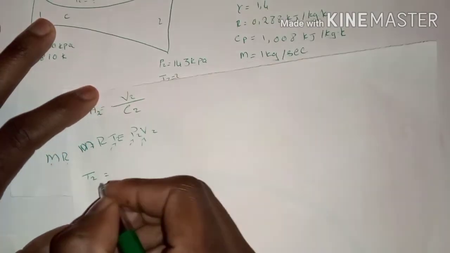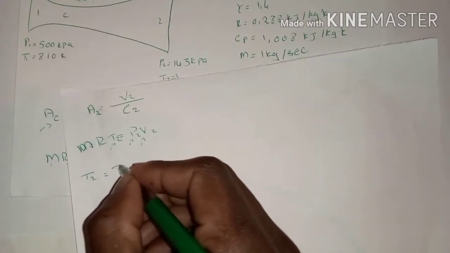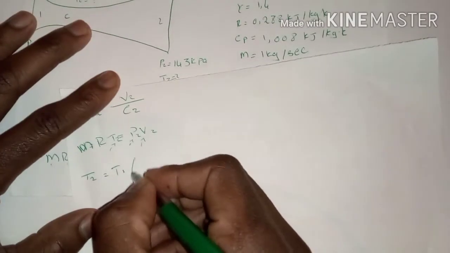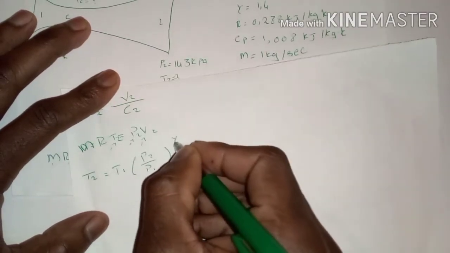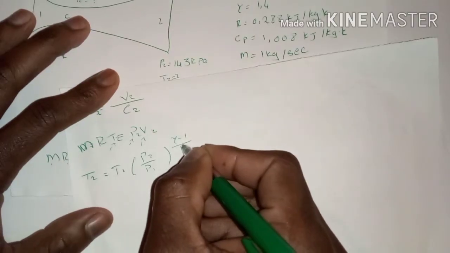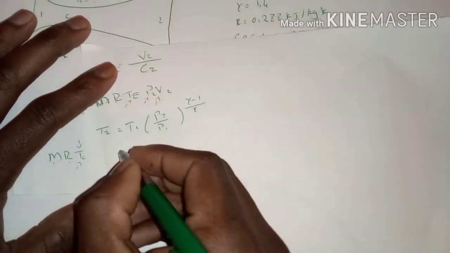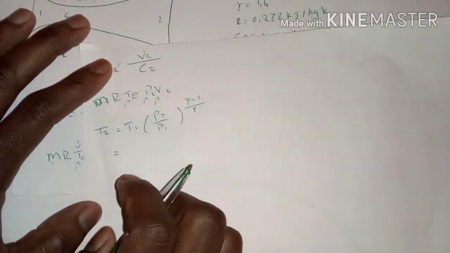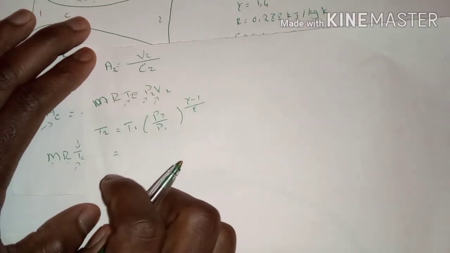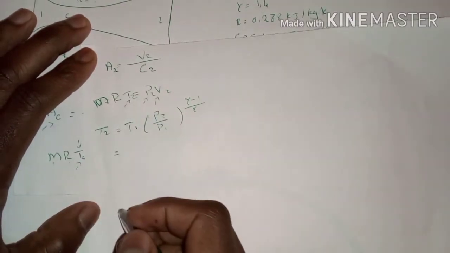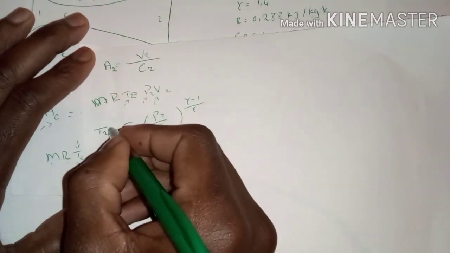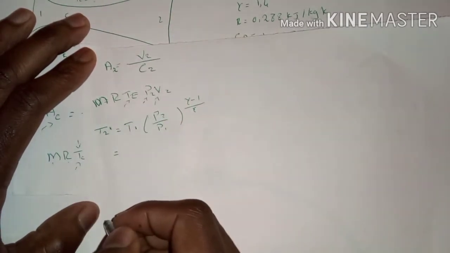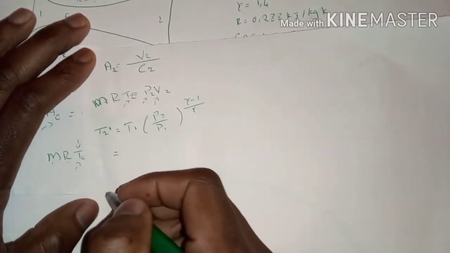T2 is equal to T1 in bracket P2 divided by P1 raised to gamma minus 1 divided by gamma. The temperature that we're calculating for here does not take into consideration the efficiency of the machine. Therefore, the value of the temperature that we got here is the theoretical one. We can put it as T2 prime.